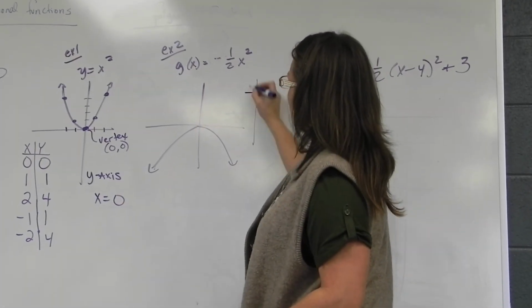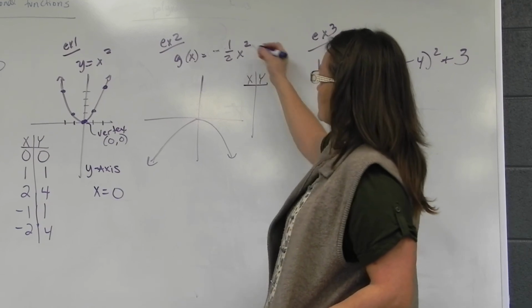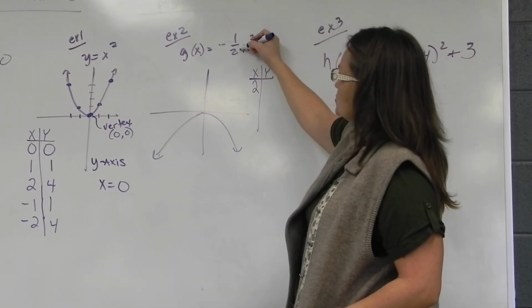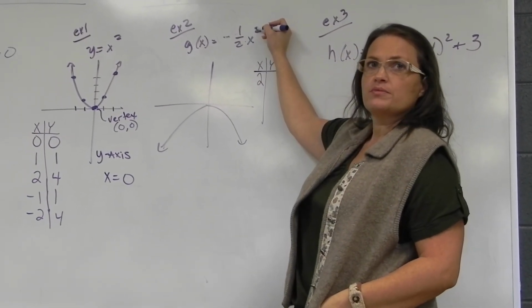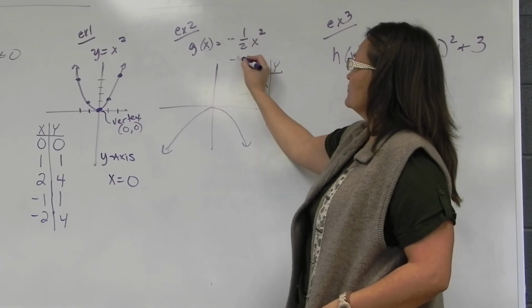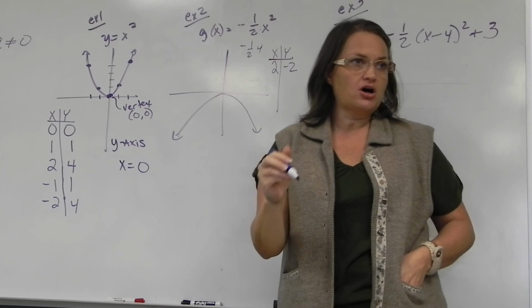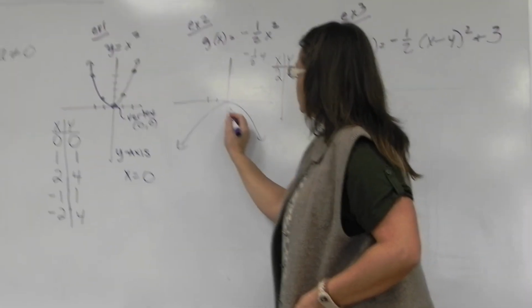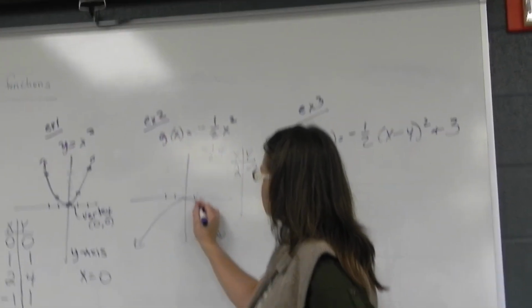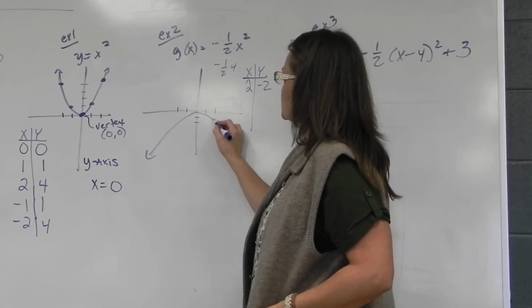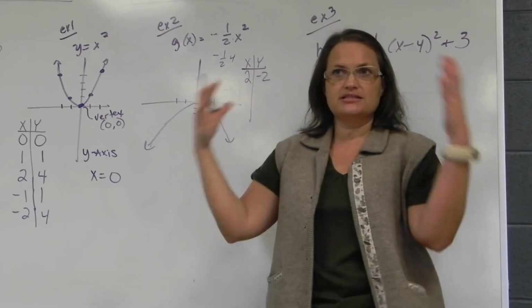So if we had to do that, we would pick a number like maybe 2. 2 squared is 4, and then negative 1/2 times 4 would make negative 2. So you would also dot in positive 2, negative 2, to give it more exactness to see how wide it is.